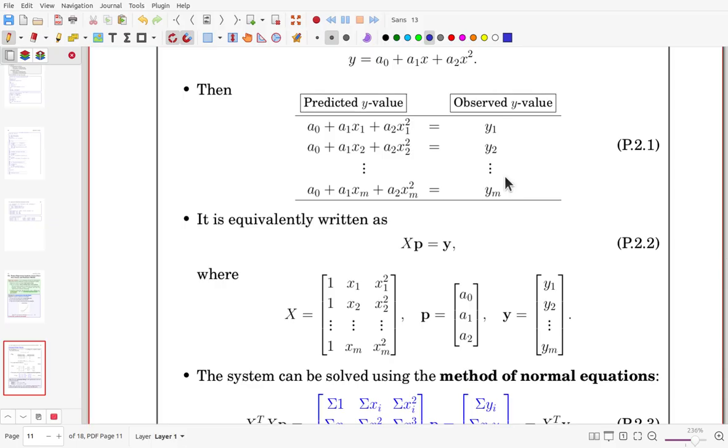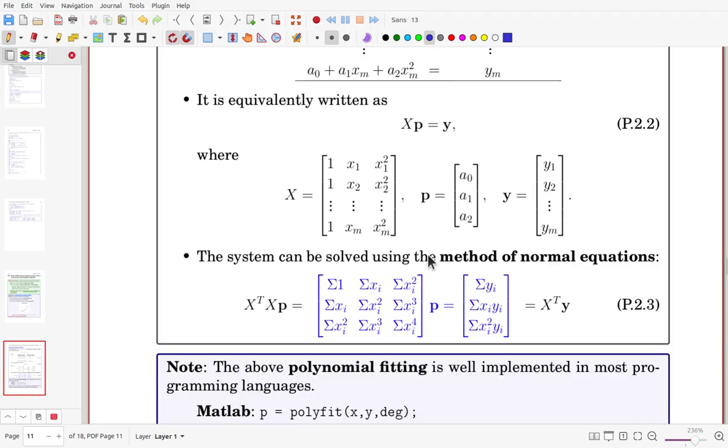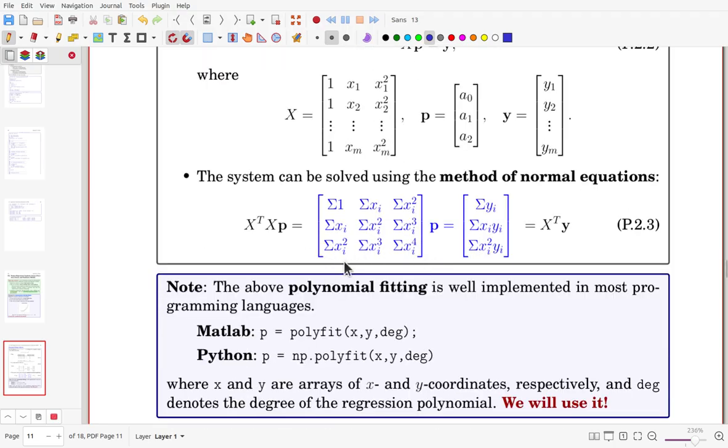Now we apply X transpose to both sides of this equation. Then we arrive at the normal equations. So here, this matrix times P equals the right side. You can see a pattern: the summation of 1, and along this horizontal direction the xi power is increased: summation of xi, summation of xi squared.